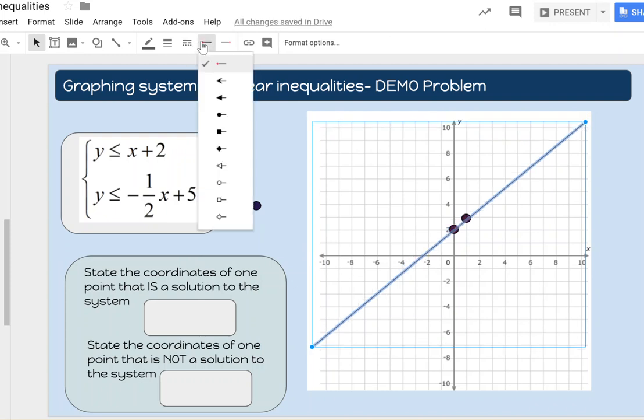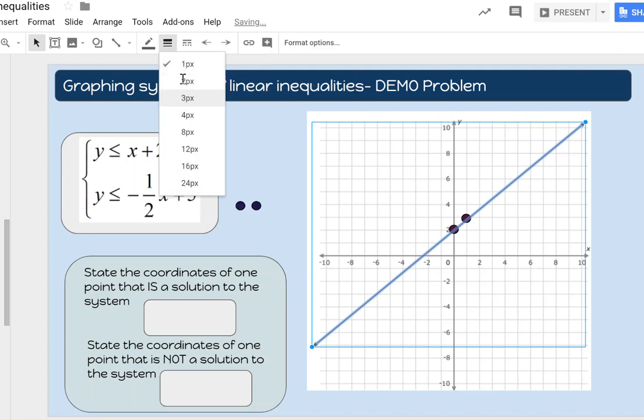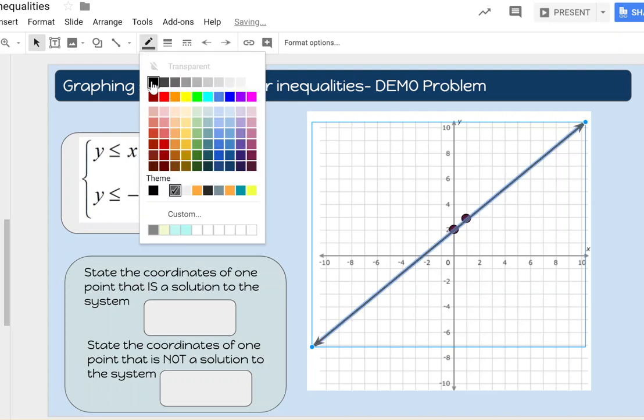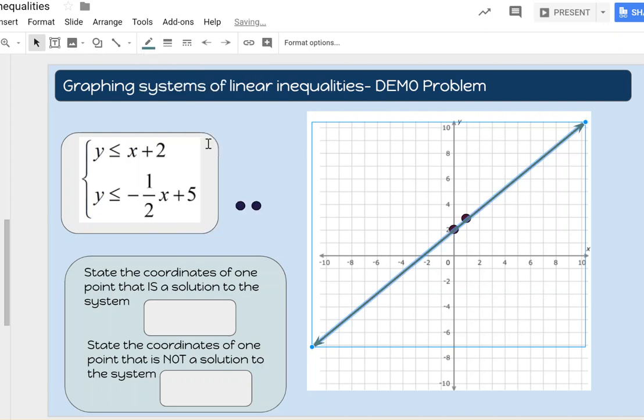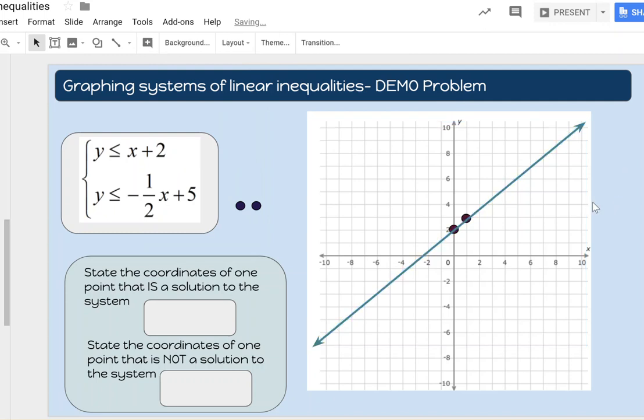Now that I've graphed, I'm going to make sure I have arrows on each line. I'm going to make my line a little thicker. In this case, I could color code these if I wanted to. I could make my first line blue, my second line another color, up to you. It's a solid line, so I'll make sure that solid is selected.